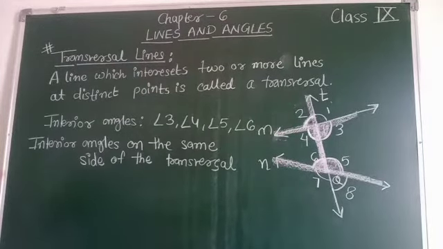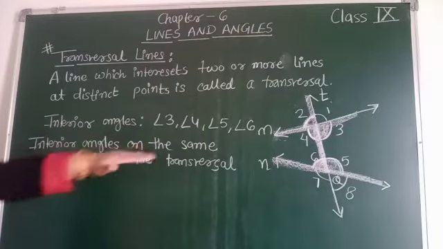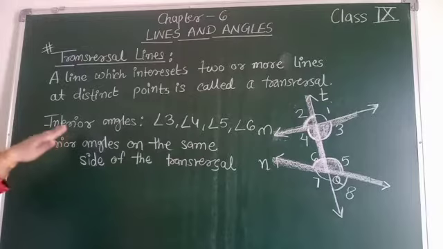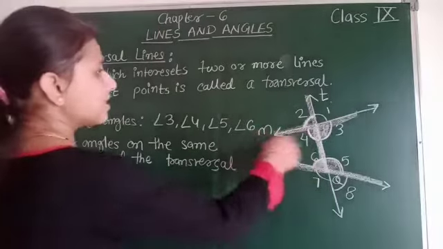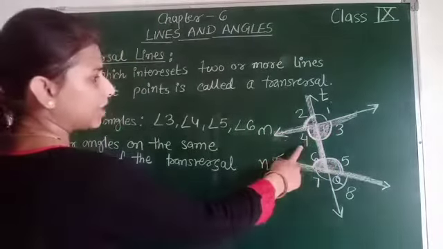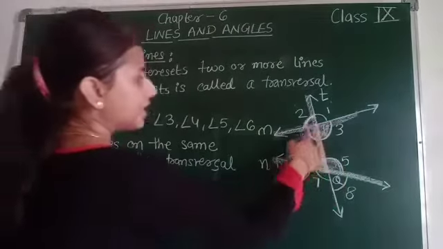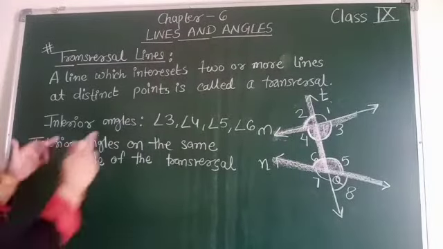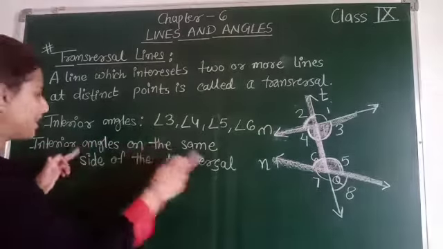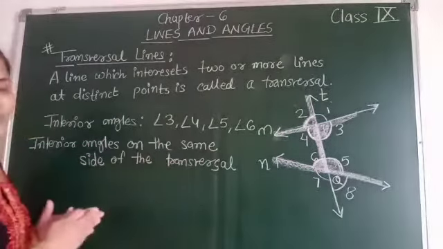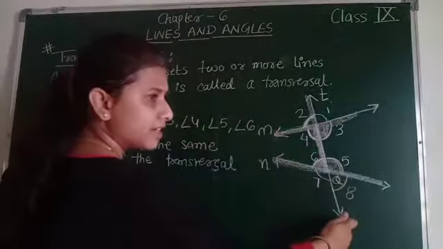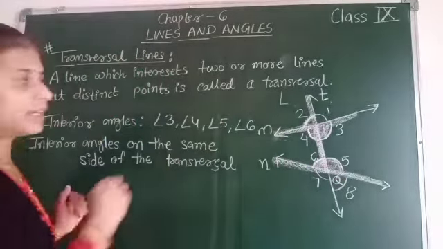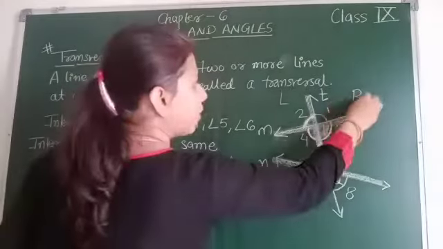The next important angles are interior angles on the same side of the transversal. As we know here, student, the interior angles are angle 3, angle 4, angle 5 and angle 6. But we have to see interior angles on the same side of the transversal. This one is your transversal line. Same side means first we will see the left hand side, then the right hand side.